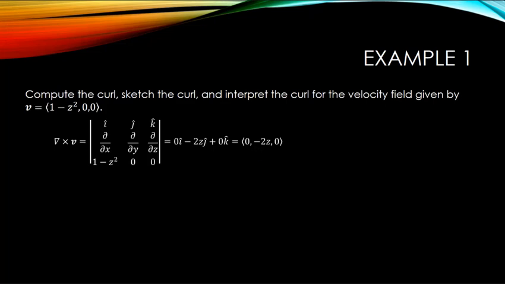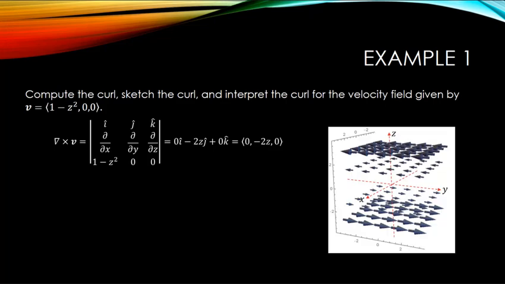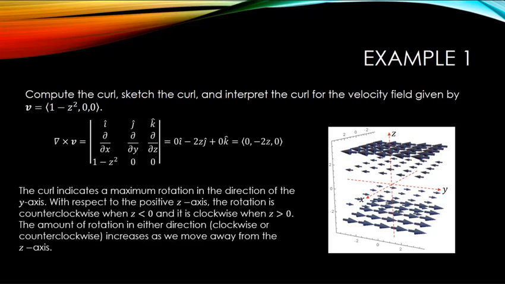If I plot this curl field, I notice that I get arrows that progressively get larger as I move away from the center, and that they change direction above the xy plane versus below the xy plane. The curl indicates that there's a maximum rotation in the direction of the y-axis because that's the direction my arrows are pointing in.